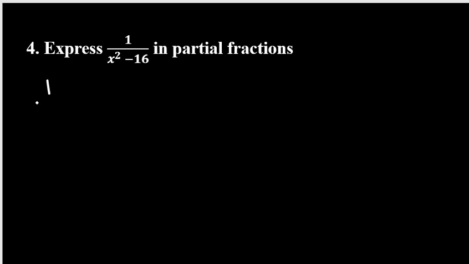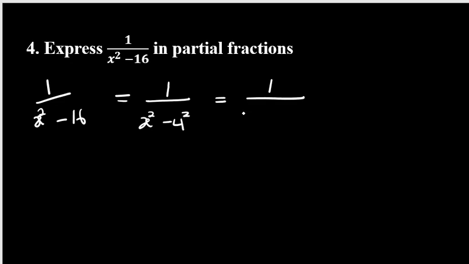So 1 over x squared minus 16 will be the same as 1 over x squared minus 4 squared, and this is also the same as 1 over, we apply the difference of two squares there, so this is going to give us x plus 4 in one bracket, x minus 4 in another bracket.